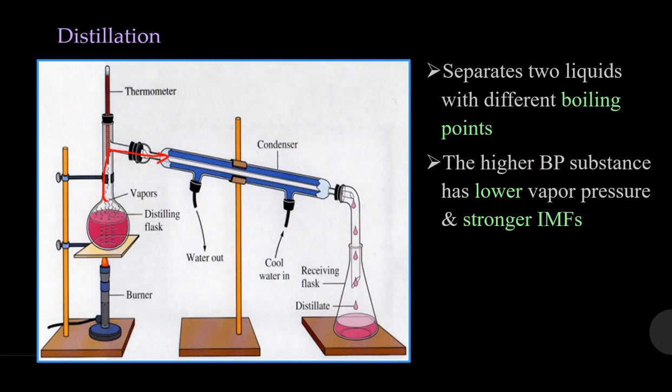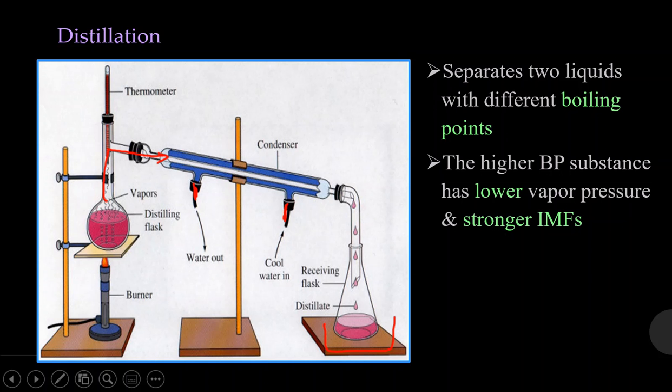The outer tube is where you attach a water source and run colder water through. That's what reduces the temperature, so it changes back into a liquid in the condensing tube. Condensation, hence the name condenser. Then it comes out the other end and you collect it in a flask as a liquid.